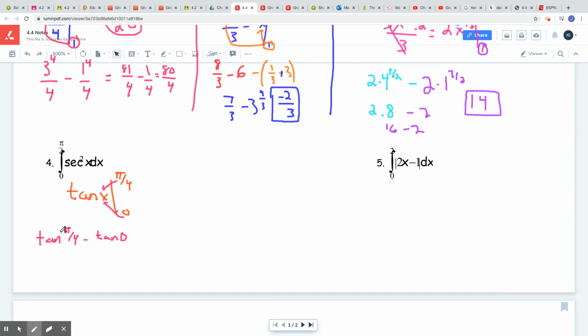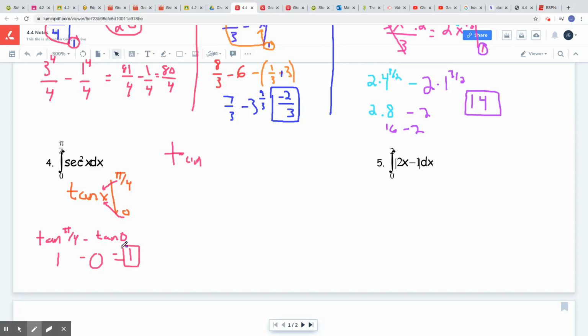Tangent is y over x. So root 2 over 2 divided by root 2 over 2. Whenever you divide the same thing, you just get 1. 0 is 1, comma, 0. If tangent is y over x, it's 0 over 1, which is 0, and 1 minus 0 is 1.